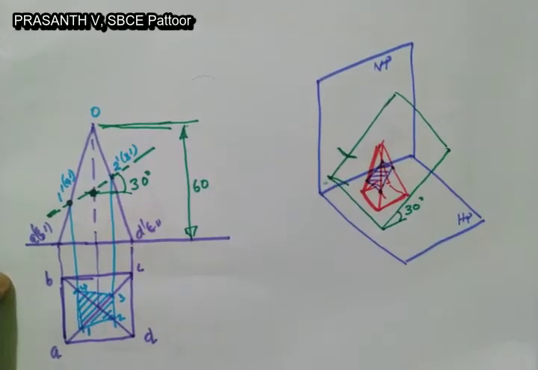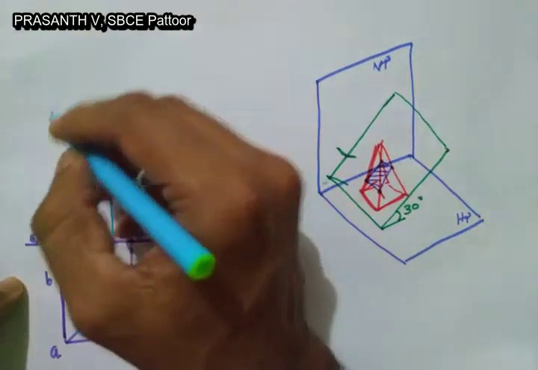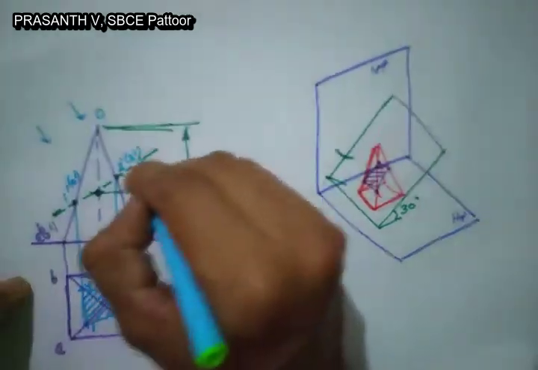But here one important thing is that the sectional view you obtained is not a true shape. To obtain the true shape, you have to look from this direction, exactly perpendicular to the section plane.